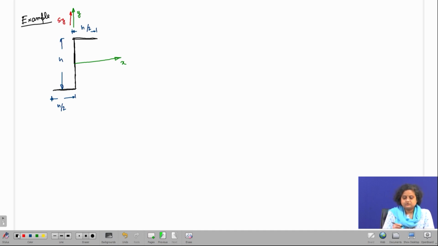The problem statement says to find the distribution of shear flow in the cross section.